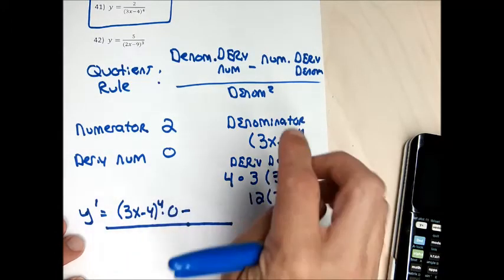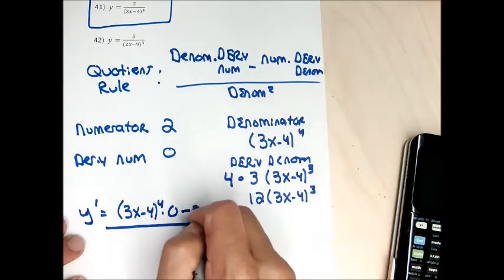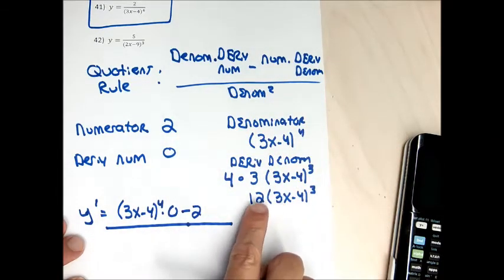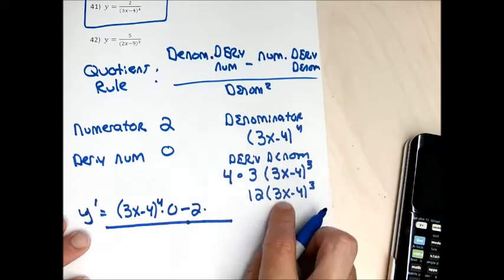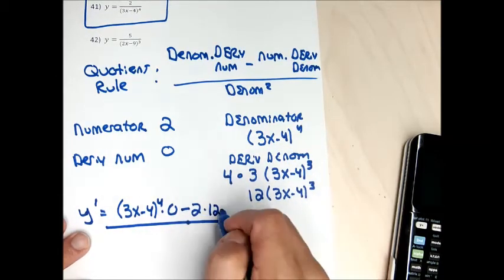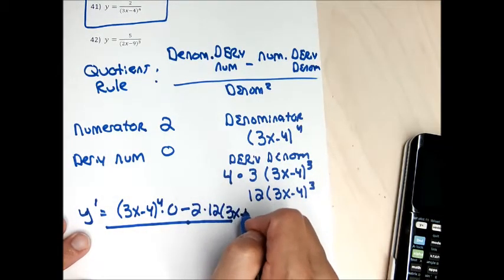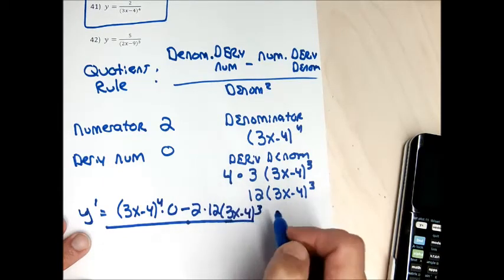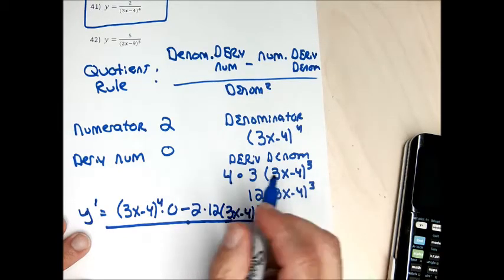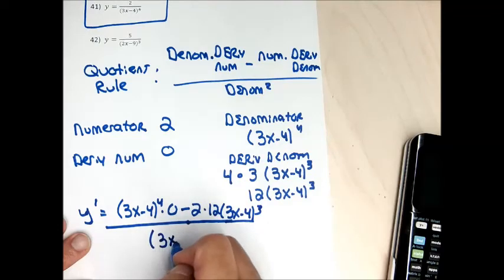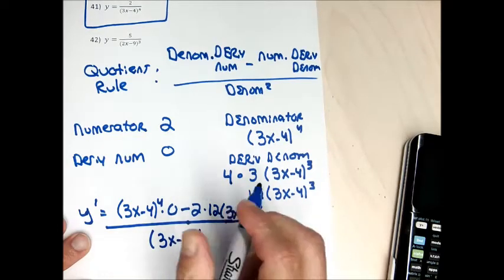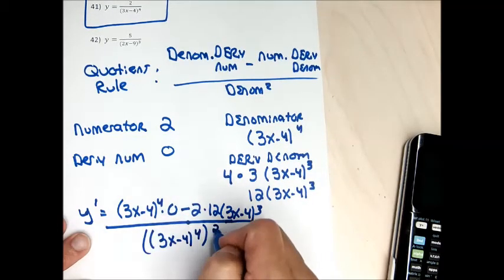And then minus the numerator, which is 2, times the derivative of the denominator, which is 12 times 3x minus 4 cubed, all over the denominator squared. All over 3x minus 4 to the 4th, squared.